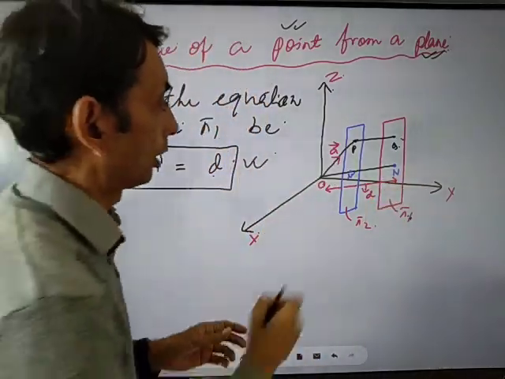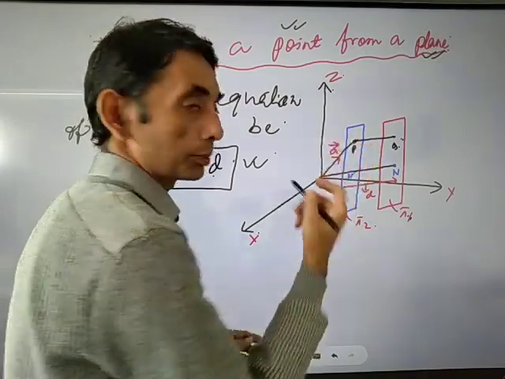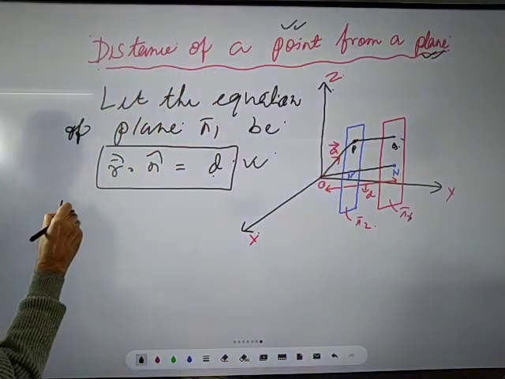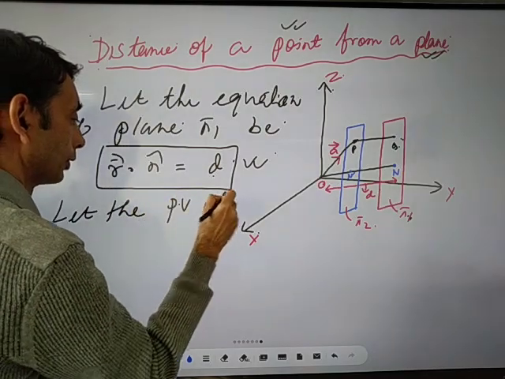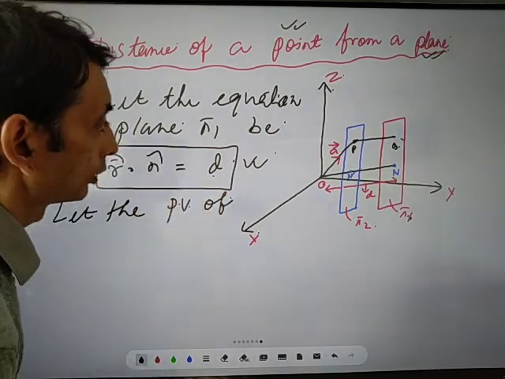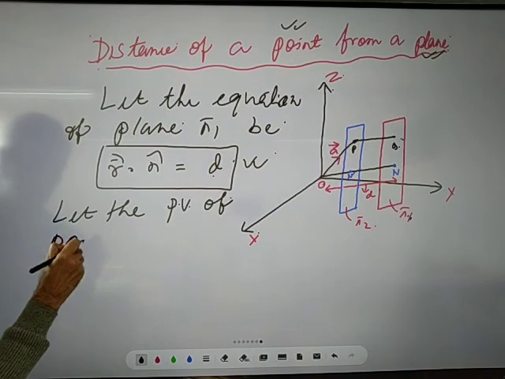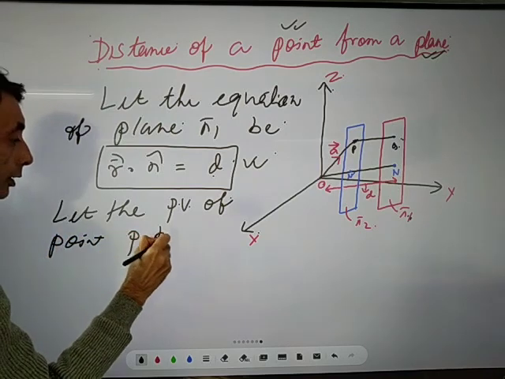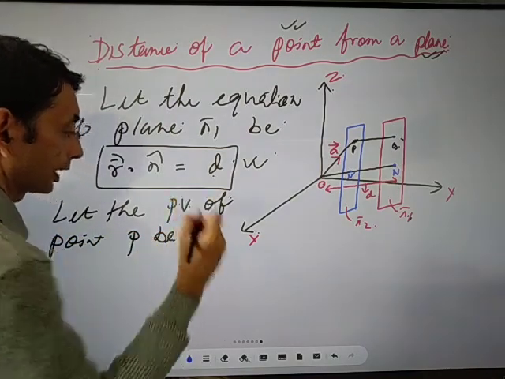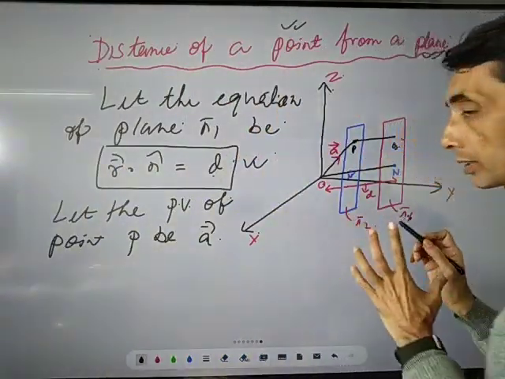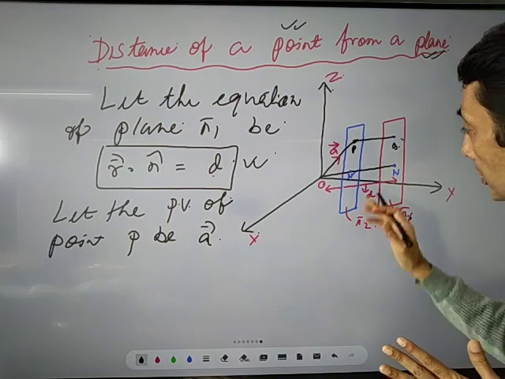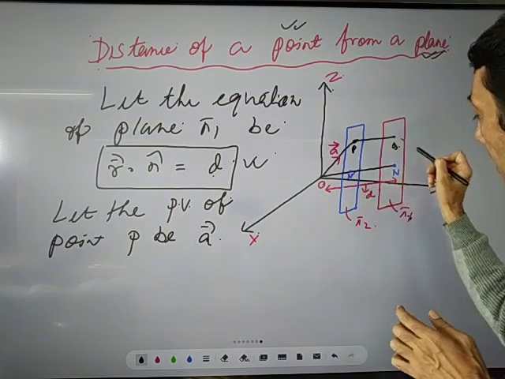Now let the position vector of point P be a. Now we will consider a plane pi 2 through P, which is parallel to pi 1.